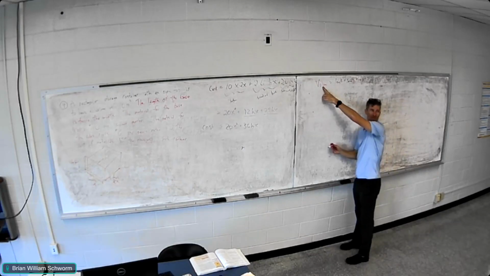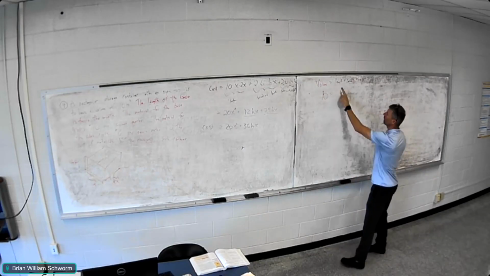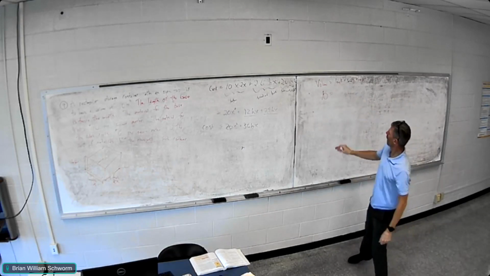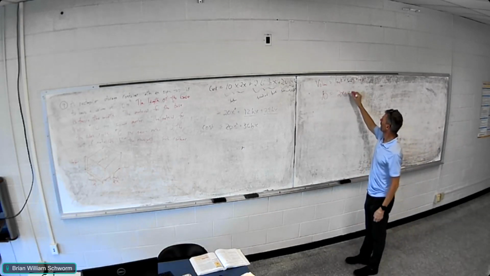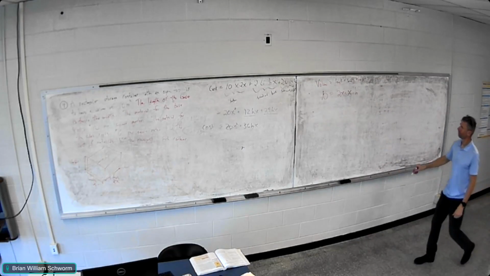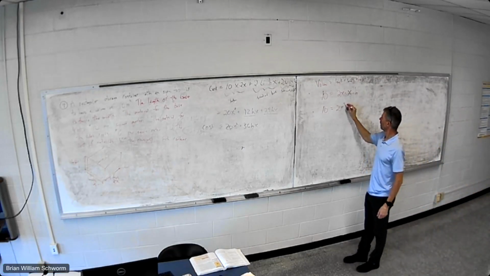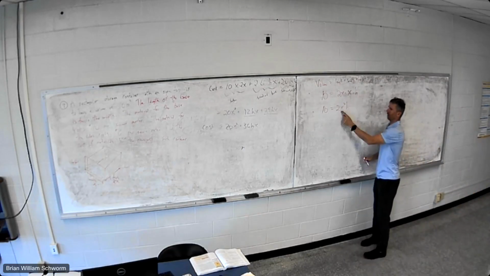And they say the volume has to be 10 cubic meters. Give me a fixed number. The length, 2x. The width, x. And the height, h. x times x makes x squared.